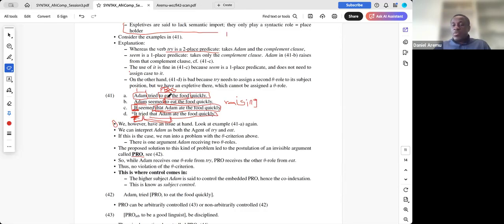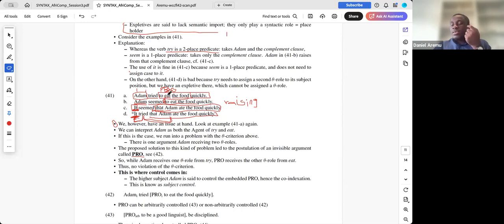So we are in trouble here, because we are saying that one argument cannot take two theta roles. It can only take one theta role. So if this one argument, Adam, is both an argument to try and also an argument to it, does it mean it's getting two theta roles? Because each of these verbs must assign a theta role to it. You see what the problem is now?